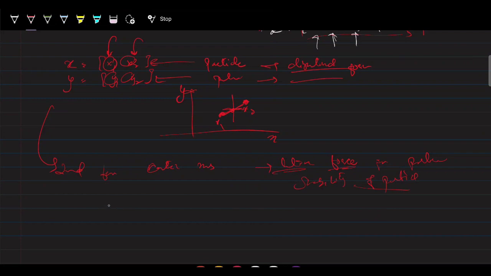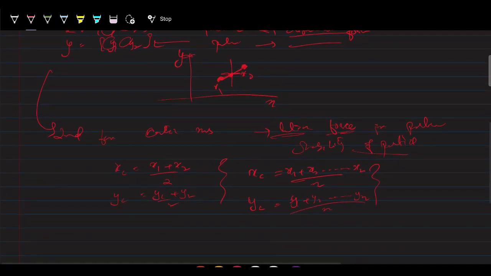Center of mass is given, in the x-axis, by xc equal to x1 plus x2 divided by 2. yc would be equivalent to y1 plus y2 divided by 2. For n particles, xc would be x1 plus x2 plus up to xn divided by n, and yc would be y1 plus y2 up to yn divided by n.